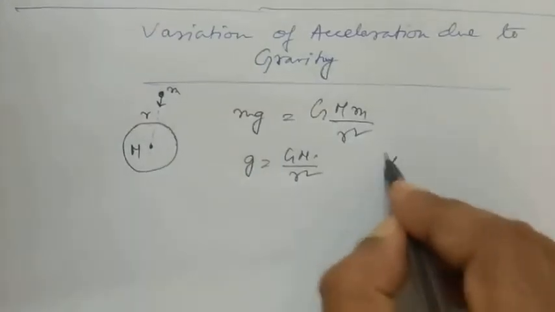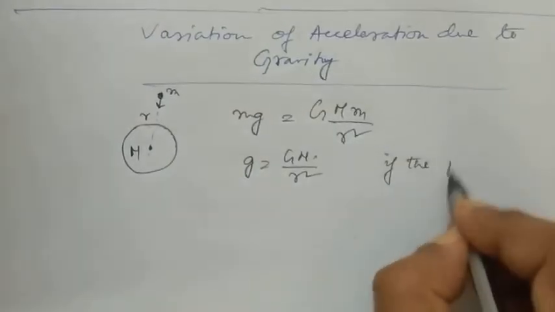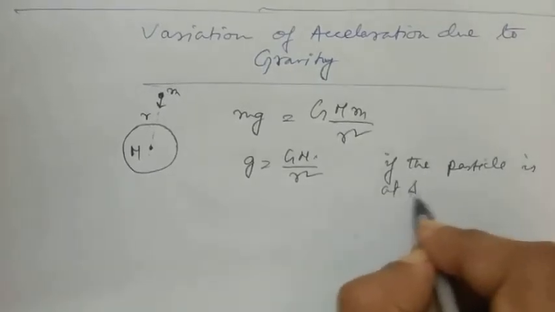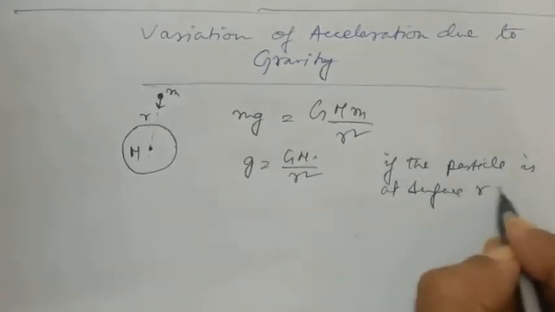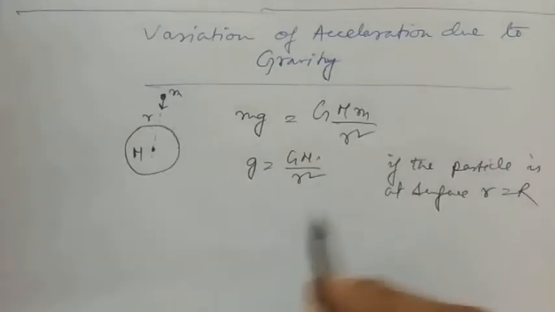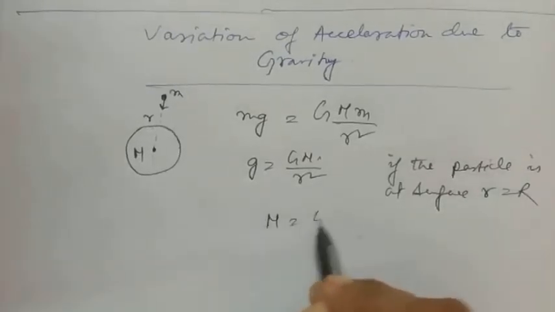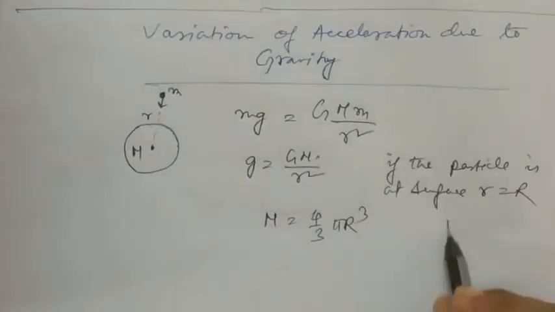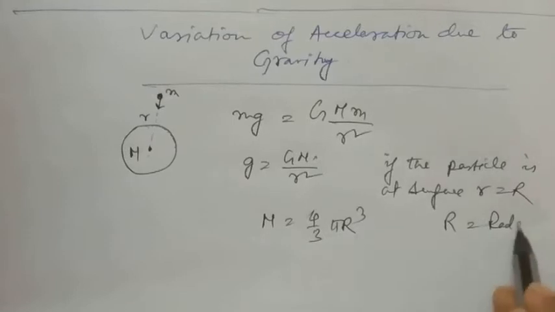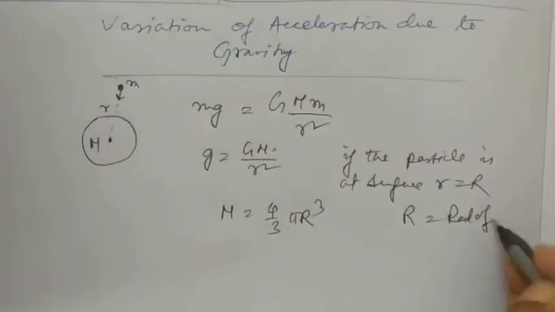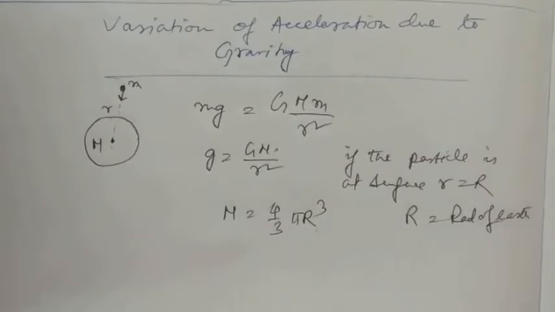Now if the particle is at the surface, then small r becomes equal to capital R, where R is the radius of earth.